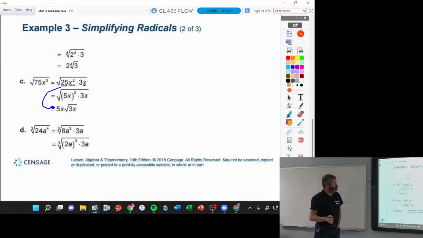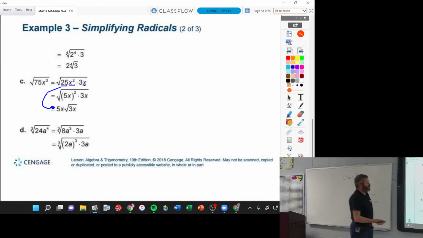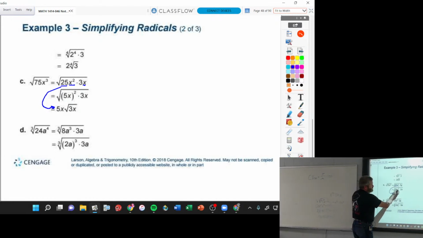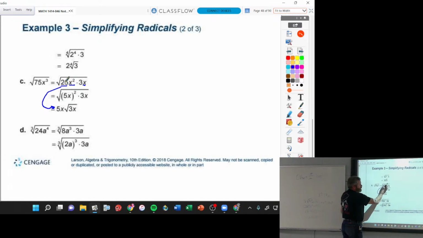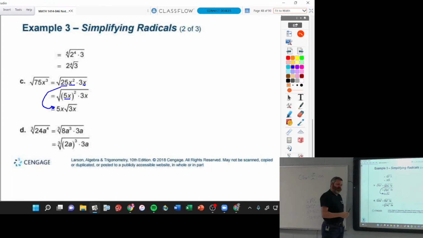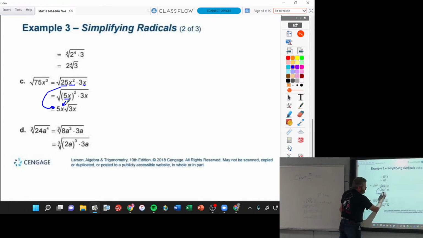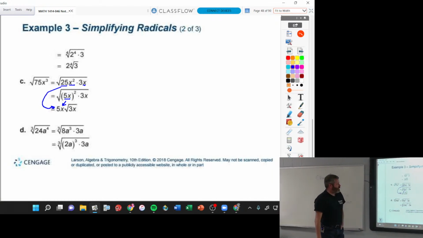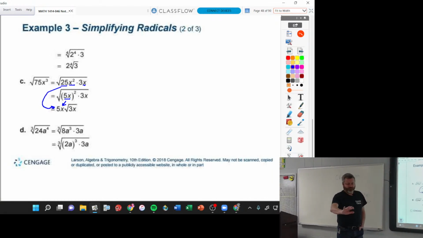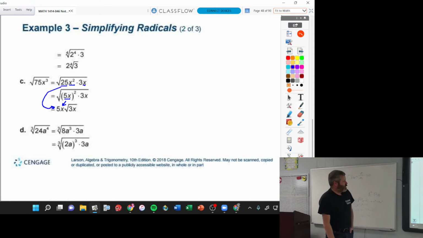What the textbook likes to do is rewrite 25x squared as a single thing: 5x times 5x is 25x squared, which means the 5x comes out. Whatever you're comfortable with, I'm good with that.